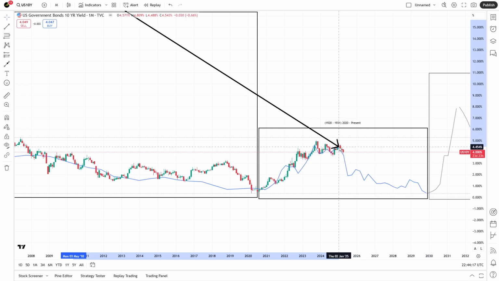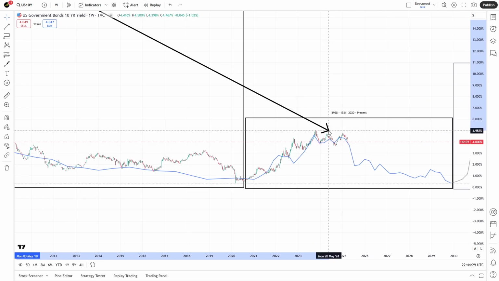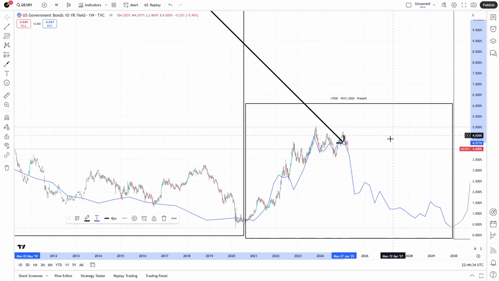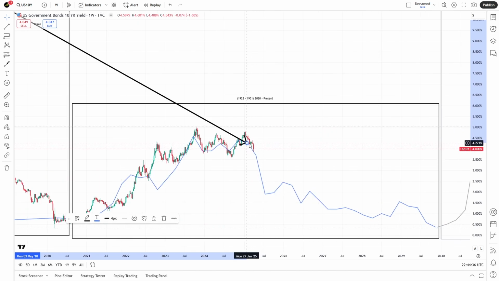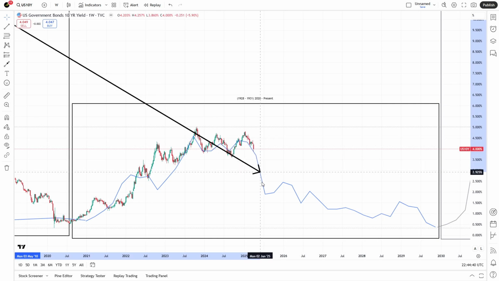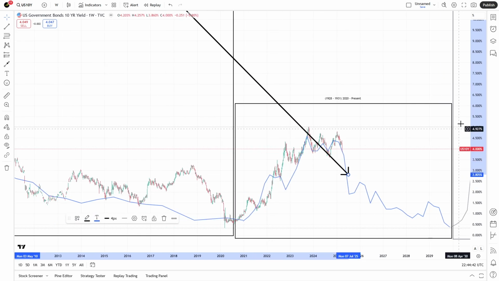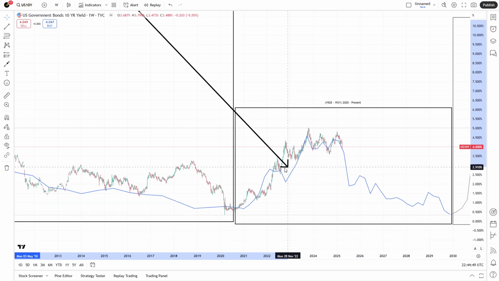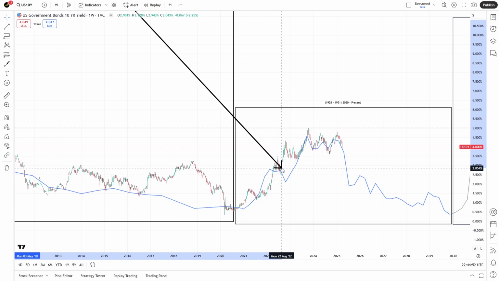Let's zoom in on a smaller time frame. Okay, so here we are on a week candle, and you're already starting to see a big red move down. To me, this is looking like the beginnings of a decline. Just like in 1929, today's 10-year yield is doing the same thing. It's following the same pattern that it did in 1929.